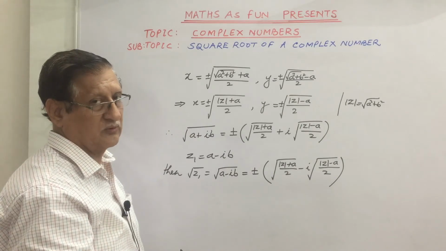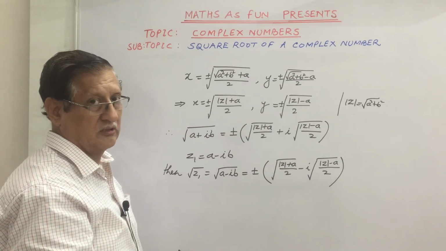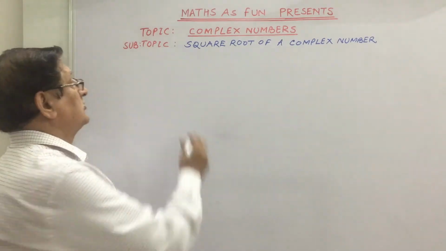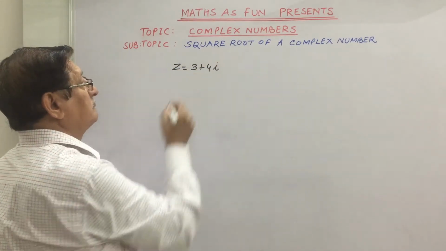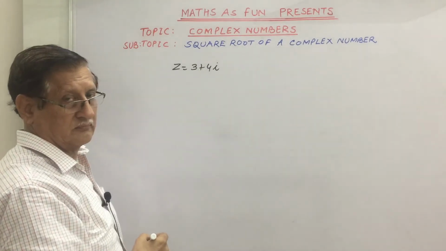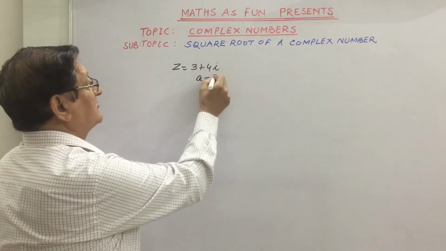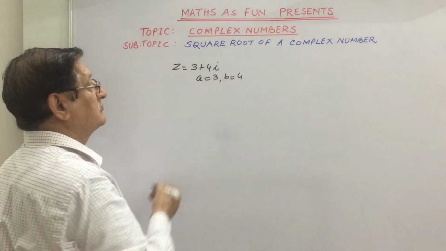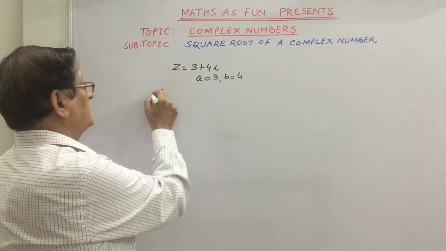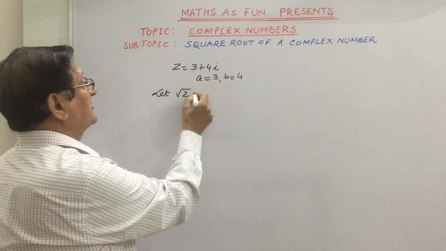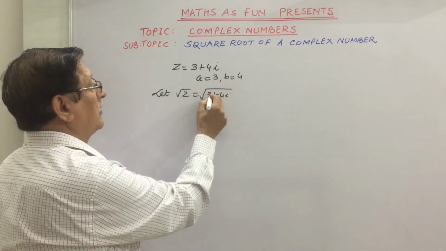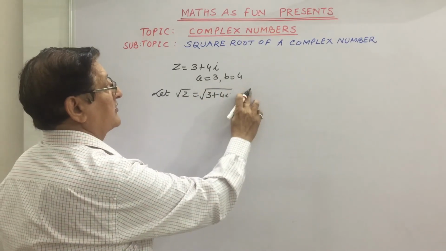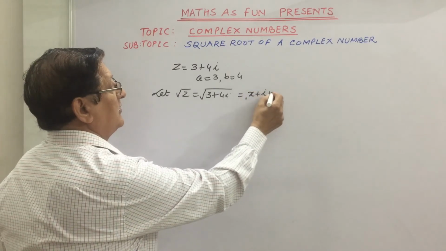Let us learn about some examples to find the square roots. Suppose we have z equal to 3 plus 4 iota. Then we find here a is 3 and b is 4. Let root of z, that is root of 3 plus 4 iota, be x plus iota y.